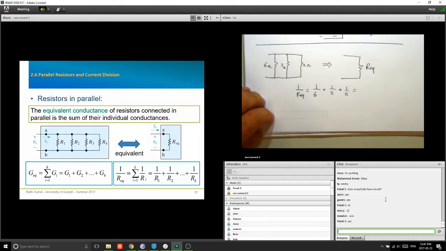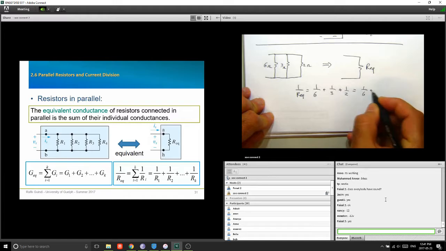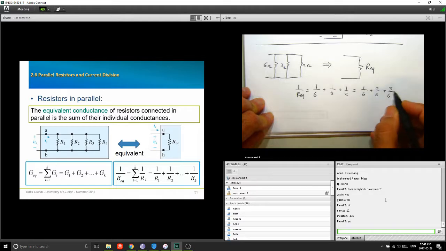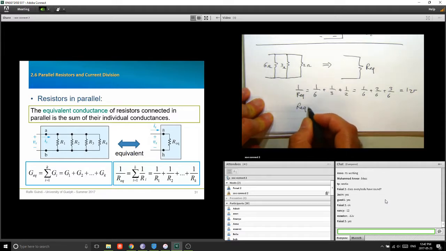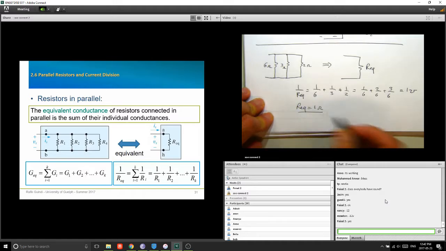How much is that? It's 1 over 6 plus 2 over 6 plus 3 over 6, right? Common denominator. That's equal to 1 Siemens. So that's 1 over R equivalent. R equivalent equals 1 ohm, the inverse of that.